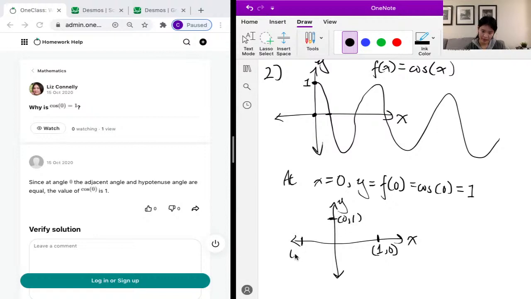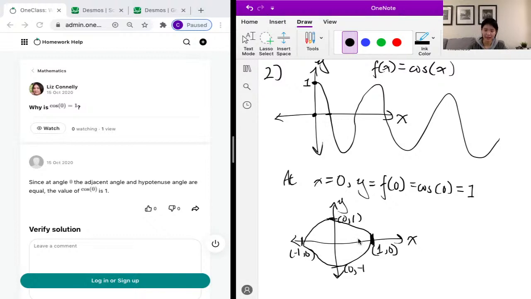Here we have -1, 0. And here we have 0, -1. And here's our unit circle. I'm going to try my best to draw a roundish circle. It doesn't quite work out, but pretend this is a regular circle.